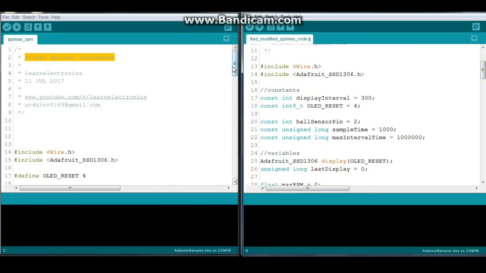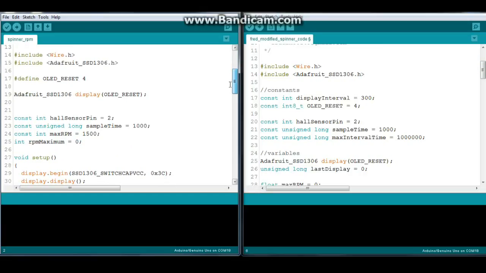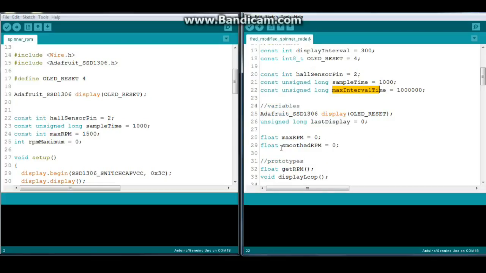And if we come down through here and we look, you can see he has done a display interval, increase the max interval time, and we now have a smooth RPM using a little function that Fred has created.